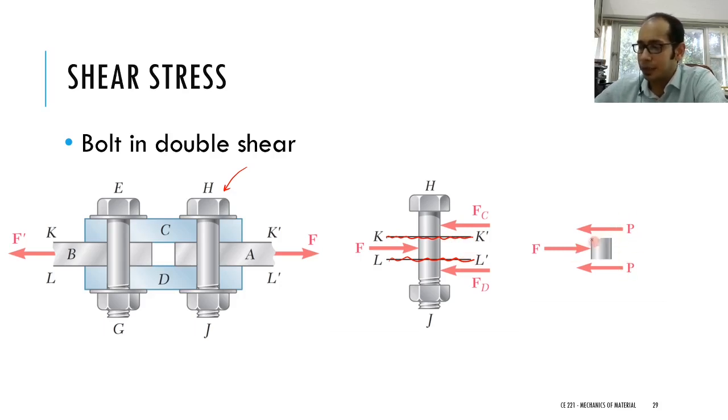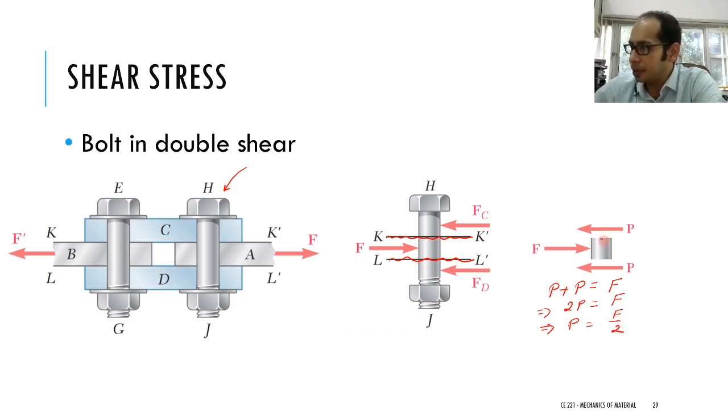Now from this small chunk, can you write the equilibrium for that one? Yes, you can. How does the equilibrium look? You have P plus P must equal F, or 2P equals F, or P equals F over 2, right?